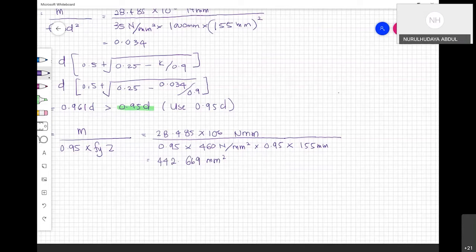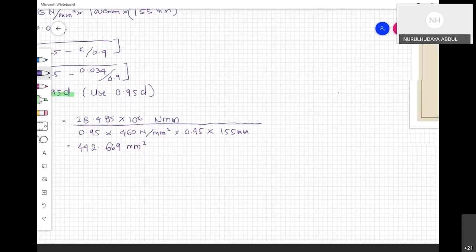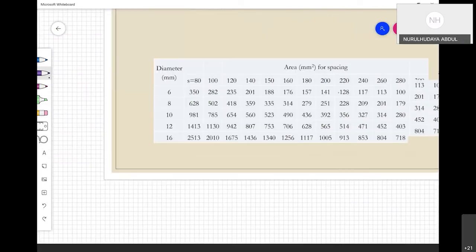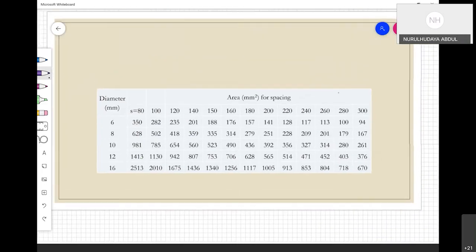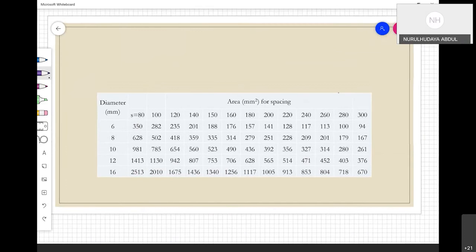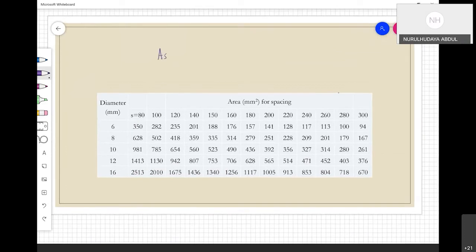Okay. Jadi when kita dah dapat value AS ni as usual lah. Okay, kita akan pergi tengok pada table kita. Mana table kita ni? Table ini. Okay. I tulis balik 442.669. Okay. And in the question, dia dah state kita kena pakai 10 mm sahaja. Kita tak boleh ambil diameter lain size. Dalam soalan dah minta pakai 10 mm sahaja. Okay.